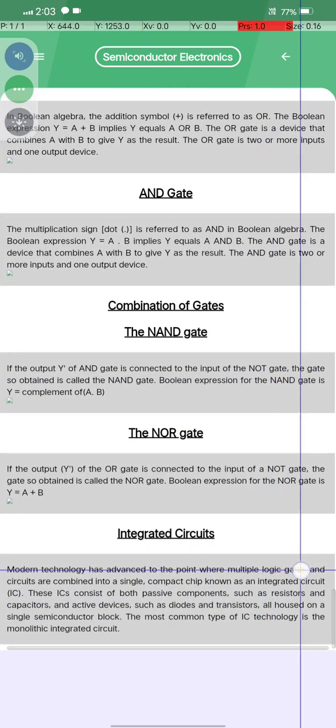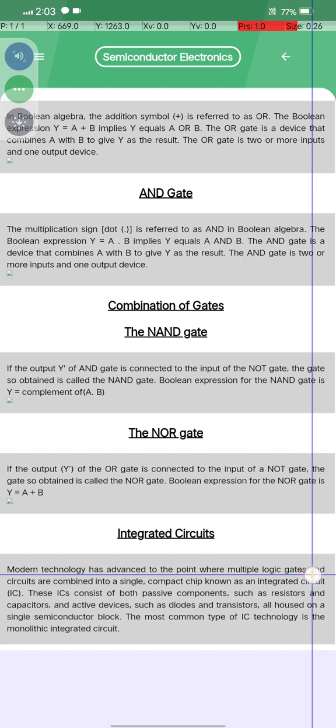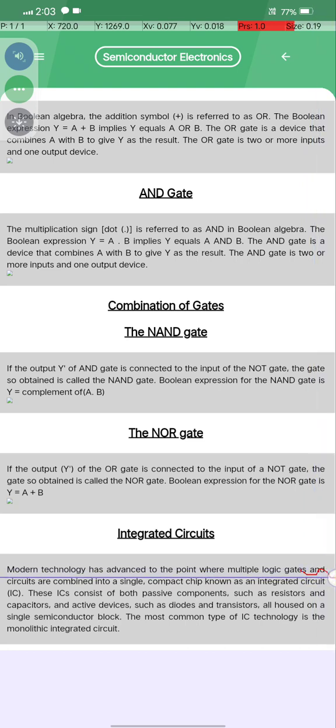Last, what is an integrated circuit? Modern technology has advanced to the point where multiple logic gates and circuits are combined into a single compact chip known as an integrated circuit, IC.